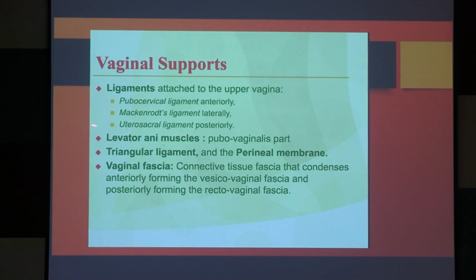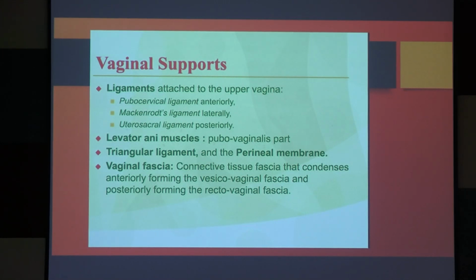So the levator muscle is very, very important. If the levator hiatus is enlarged due to childbirth and not restored, then the angle the vagina makes with the pelvic floor will be lost. So there will be a loss of support of the vagina, and the vaginal fascia, which is nothing but condensation of the pelvic cellular tissue.